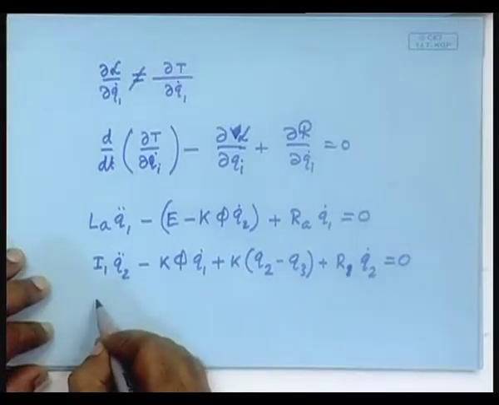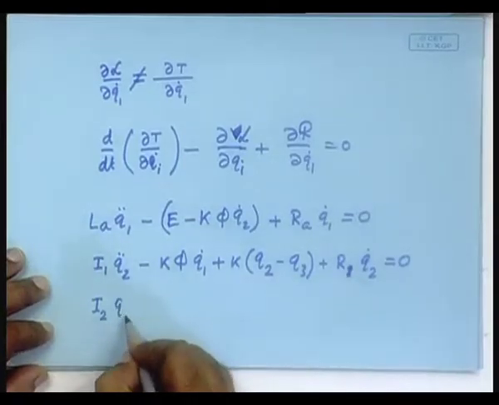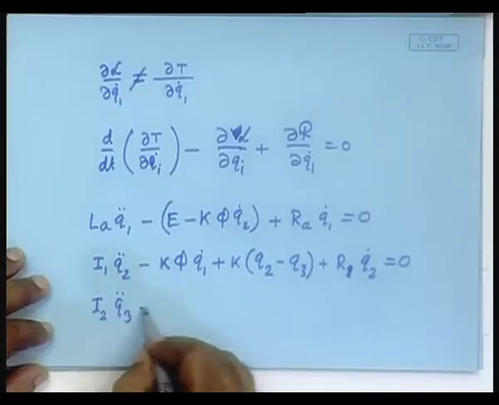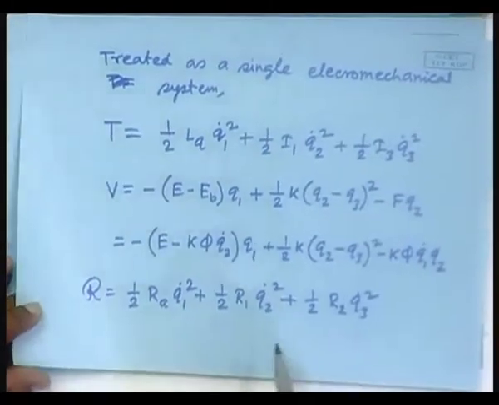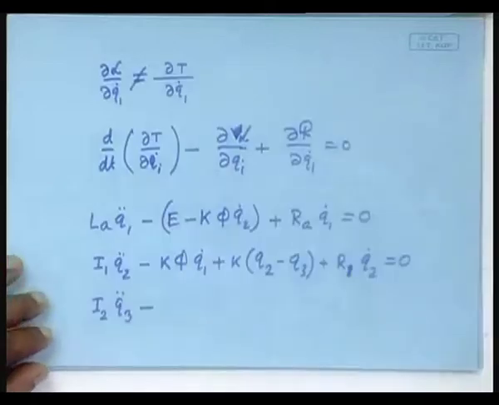The third equation will be similarly I2, I can write almost by similarity with this, Q3 double dot minus, when you do it in terms of 3, what remains? This remains, nothing else. So, I will have to write it carefully.